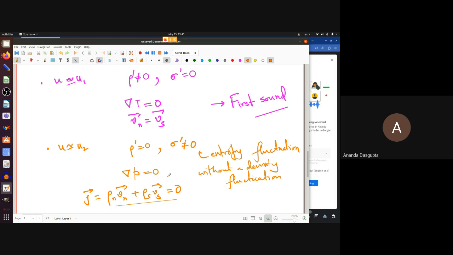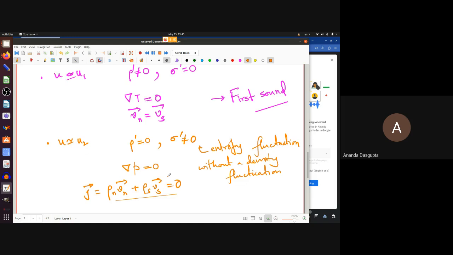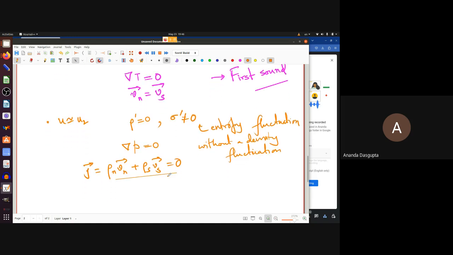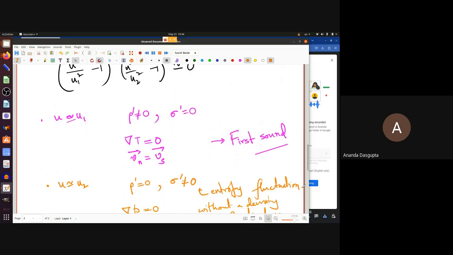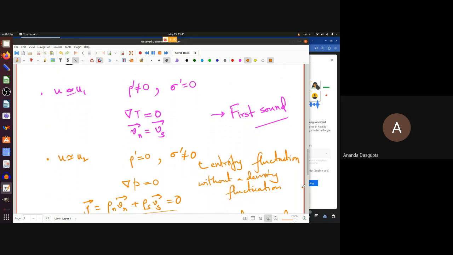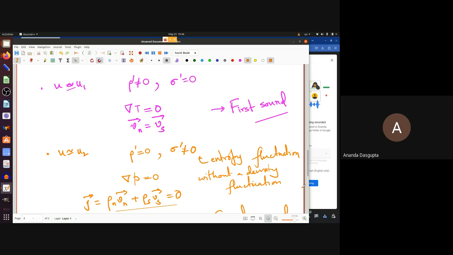This is a very different kind of wave motion, which does not happen in ordinary fluids at all. And this is what is called second sound. So second sound is a special kind of wave motion where only entropy fluctuation takes place. Normal and superfluids travel in opposite directions, maintaining the density at a constant value, but changing the entropy.